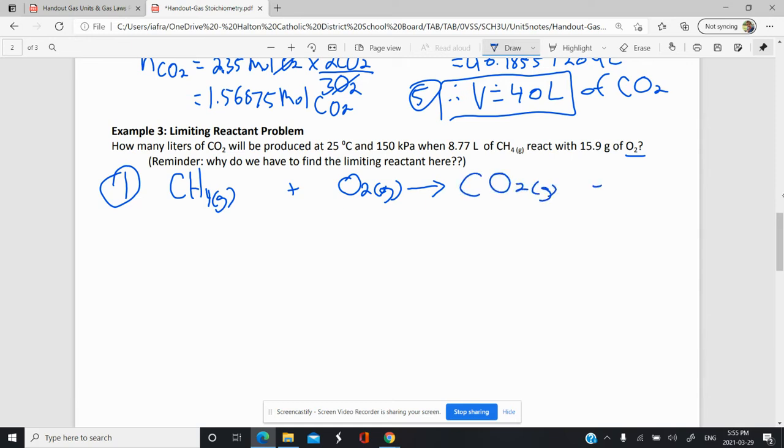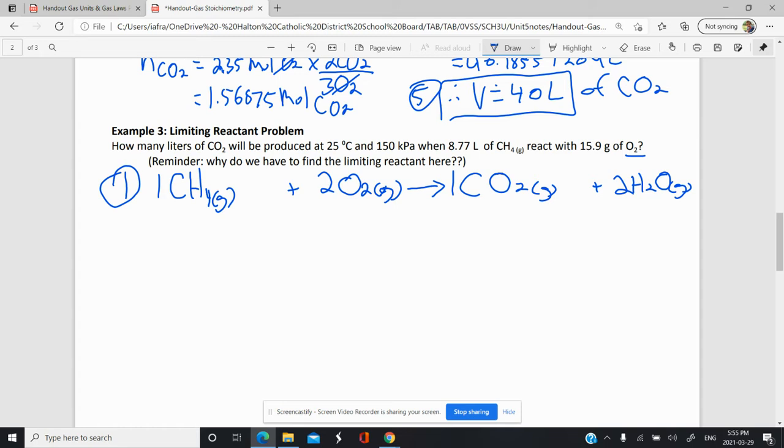We're going to say it's a complete combustion, plus H2O gas. And it looks like we need 2 more hydrogens there. We have 4 oxygens total, so 2 here. So it's going to be 1 here. Okay, so now it's nice and balanced. So our first step is writing out our balanced equation.